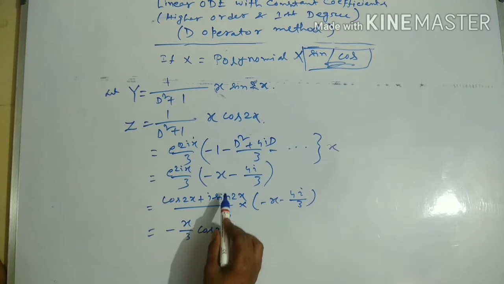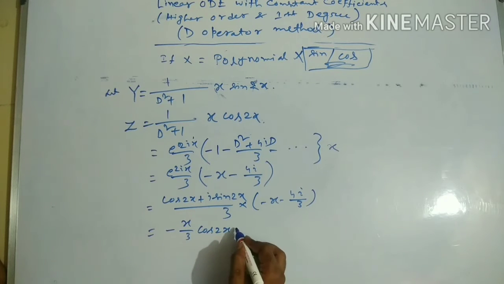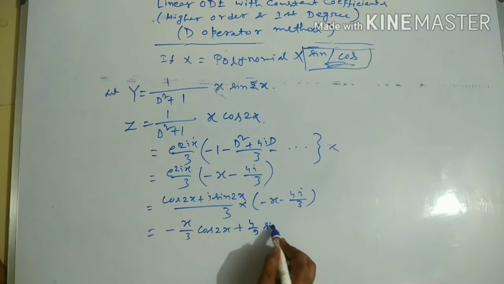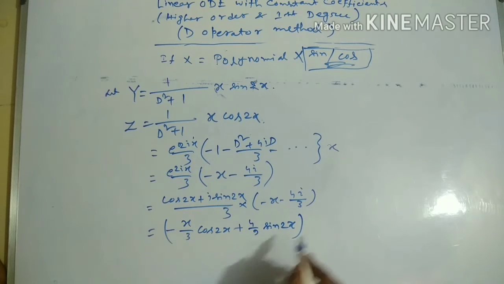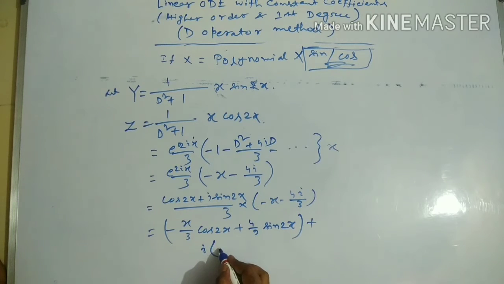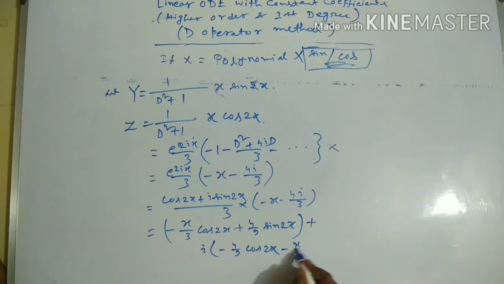If we multiply this term into this term, this will give us a real part, and that will be plus 4 by 9 sin 2x. So this was the real part, plus i into, here I will write the imaginary terms. This term into this term will give an imaginary term, that will be minus 4 by 9 cos 2x, and the last term is minus x by 3 into sin 2x.